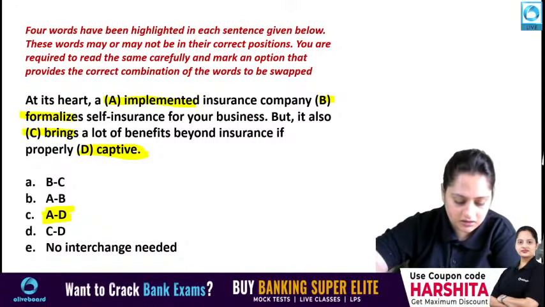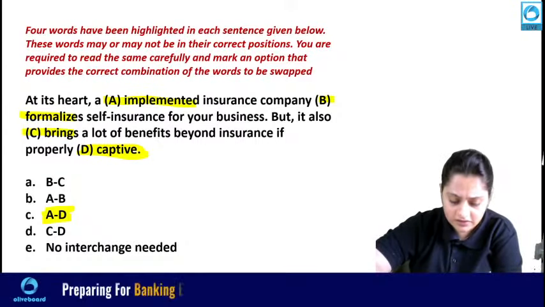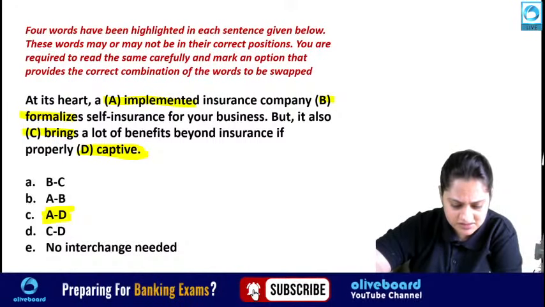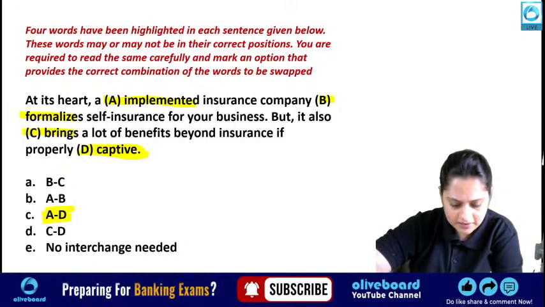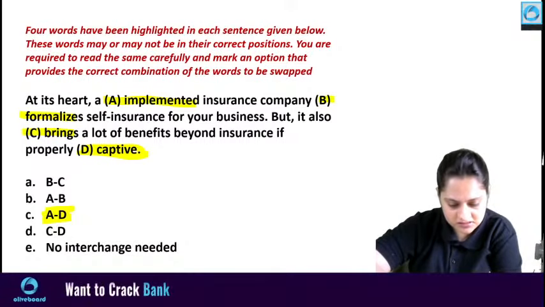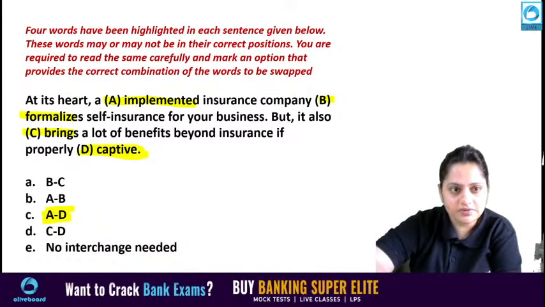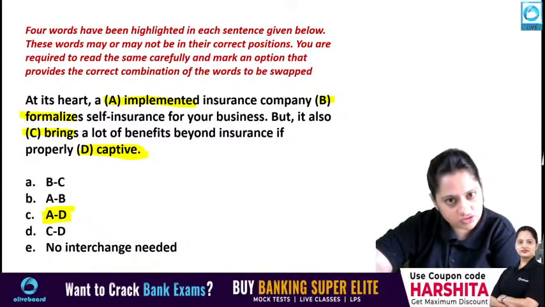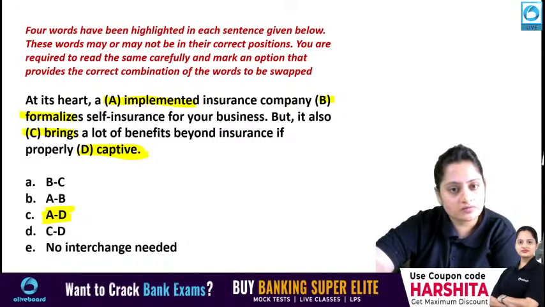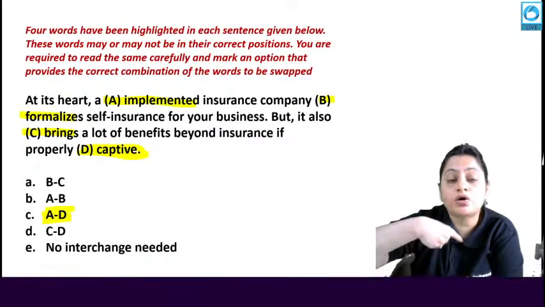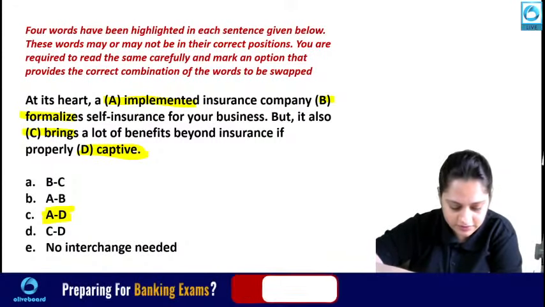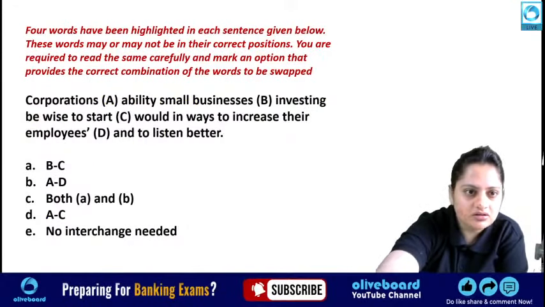A and D. Singular A is mentioned, and we are describing an insurance company controlled by an organization. An insurance company formalizes self-insurance for your business. It also brings a lot of benefits beyond insurance if it is properly put to use, implemented. Okay. Next one.